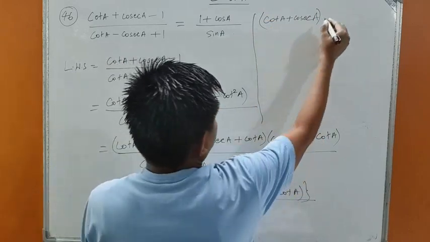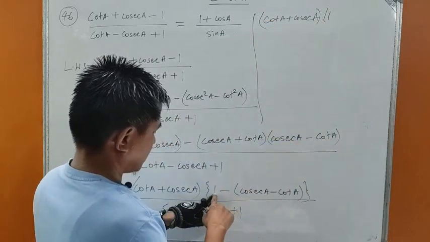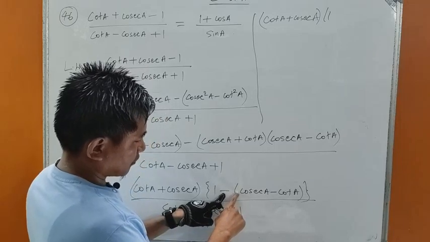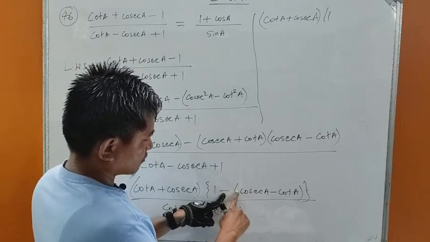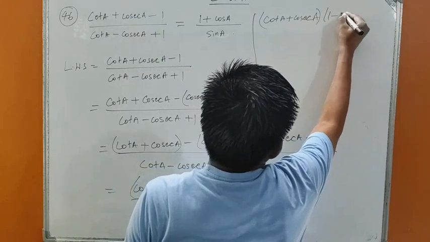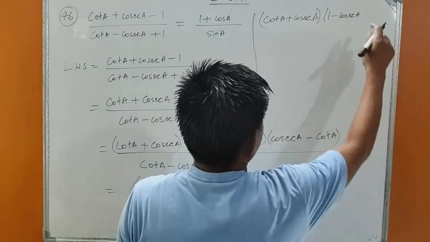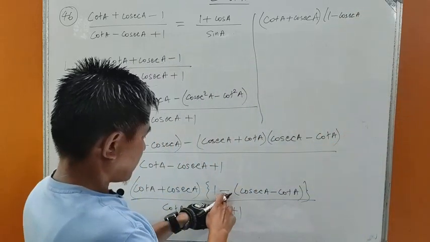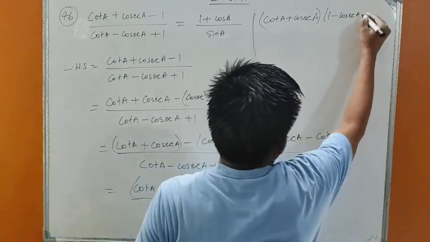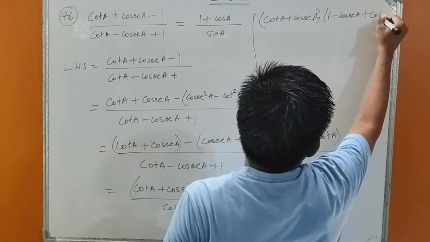This 1 stays, minus into plus cosec a gives minus cosec a, and minus into minus cot a gives plus cot a.